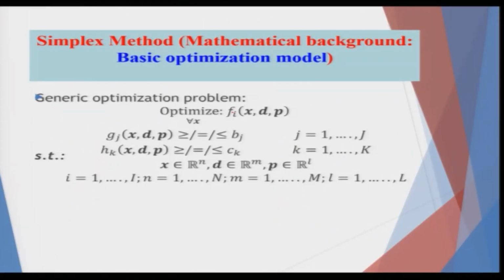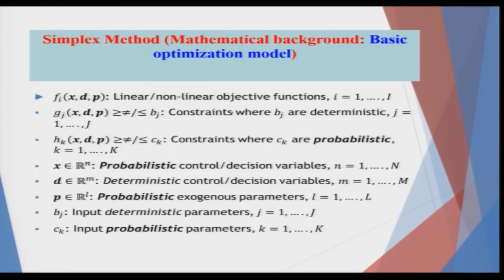L is the dimension of P. Here i is equal to 1 to capital I, depending on the number of such objective functions which you have. Small n is equal to 1 to N, small m is equal to 1 to M, and small l is equal to 1 to capital L. So, what are these variables?